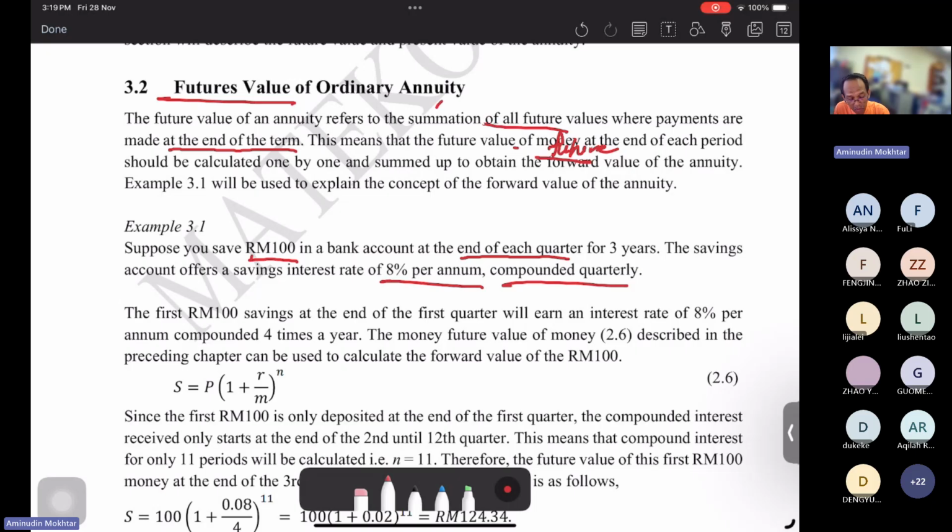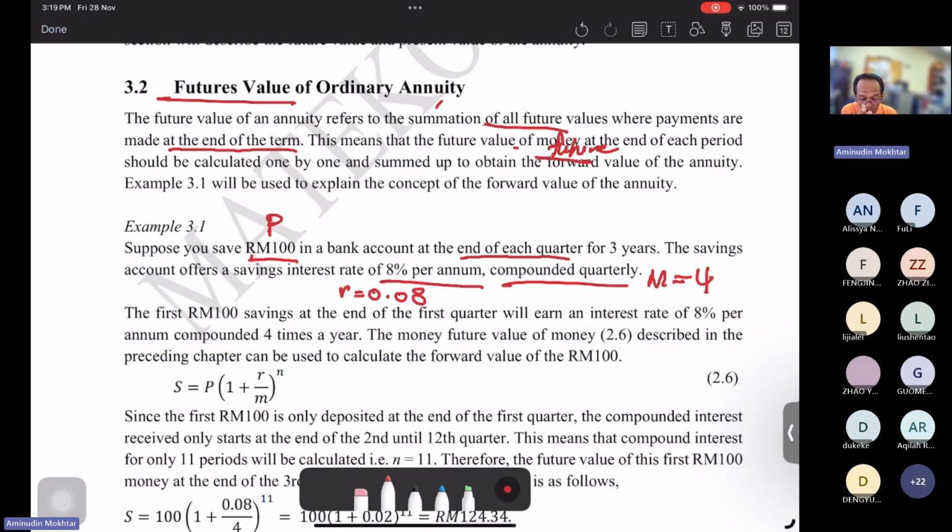You have 100 ringgit today. This is P, your principal, and the interest rate is 0.06, compounded quarterly, so M equals 4. This is still the same as the previous chapter.